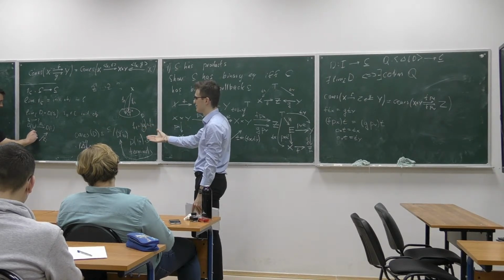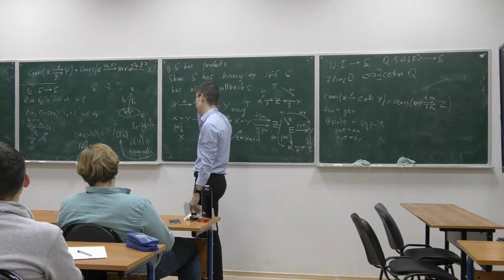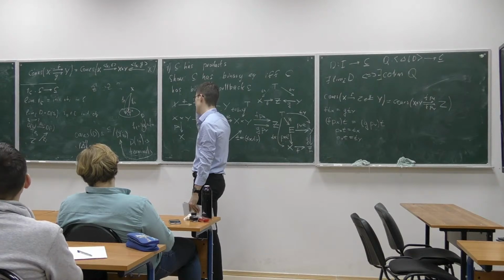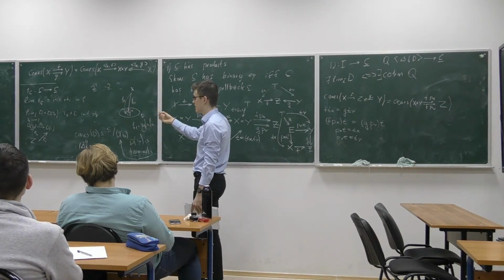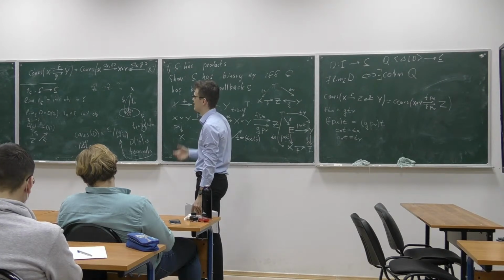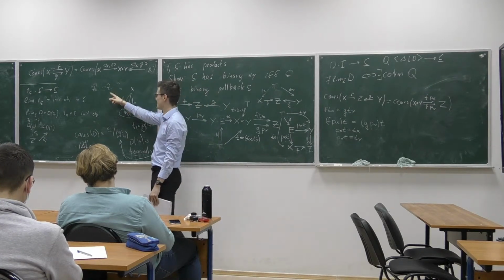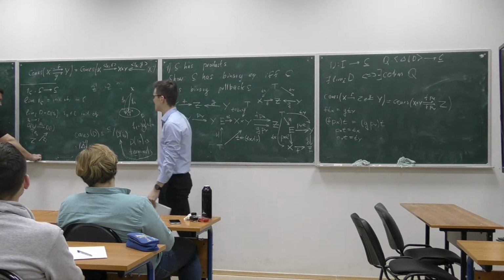So this is z, I0. There is still a question why this map is unique. Well, because it has to commute with the identity map on D of I0. So this also works here, and it's fine.